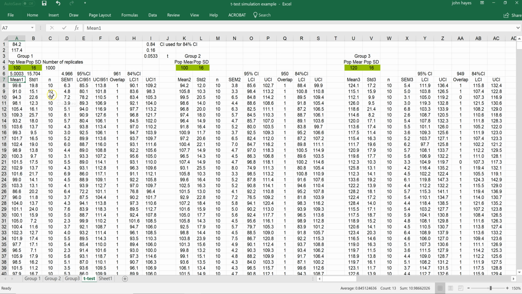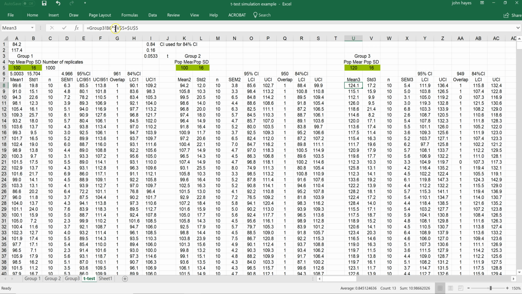I just do this because it allows me to test a null hypothesis, where the underlying means are exactly the same, 100 and 100. Now, in group 3 here, I've got the same thing where the underlying random variables all have means of zero and standard deviation of 1.